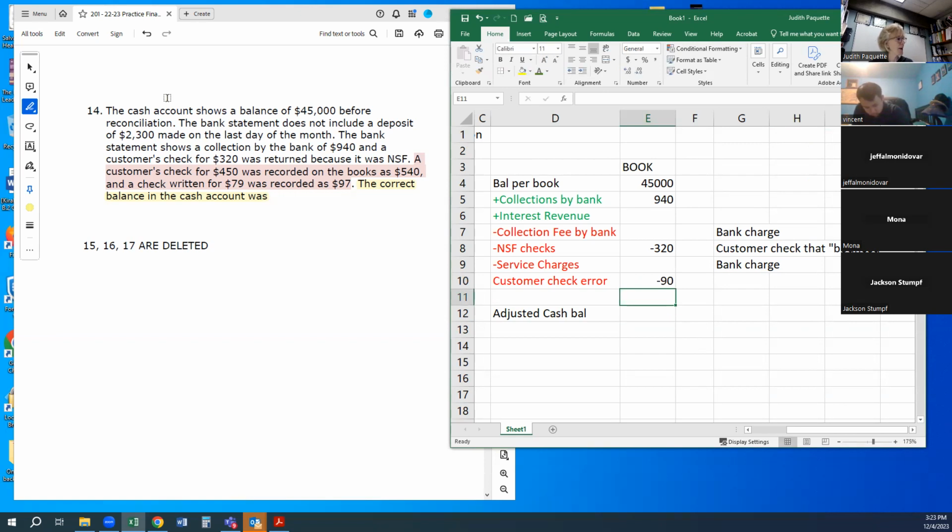Okay. Now we have a second error. Now, this problem specializes in being very small and efficient. So it's making you think this through. Now it says a check written for $79. So when a company writes a check, does that increase cash or decrease cash?